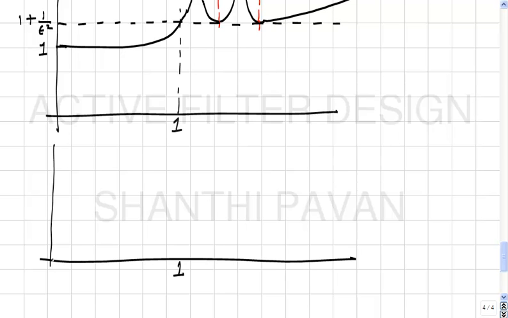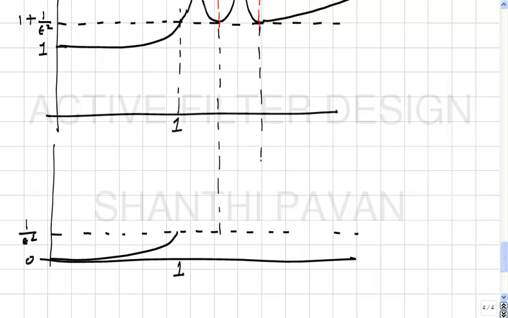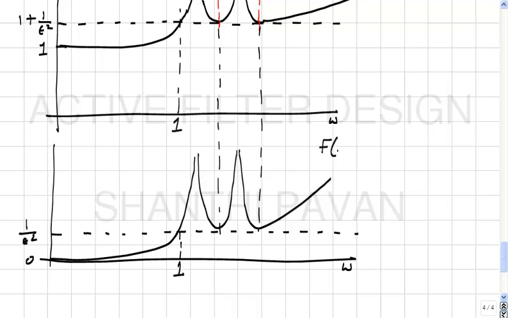You subtract 1, so this must be 1 by epsilon square, and this is f of omega square.